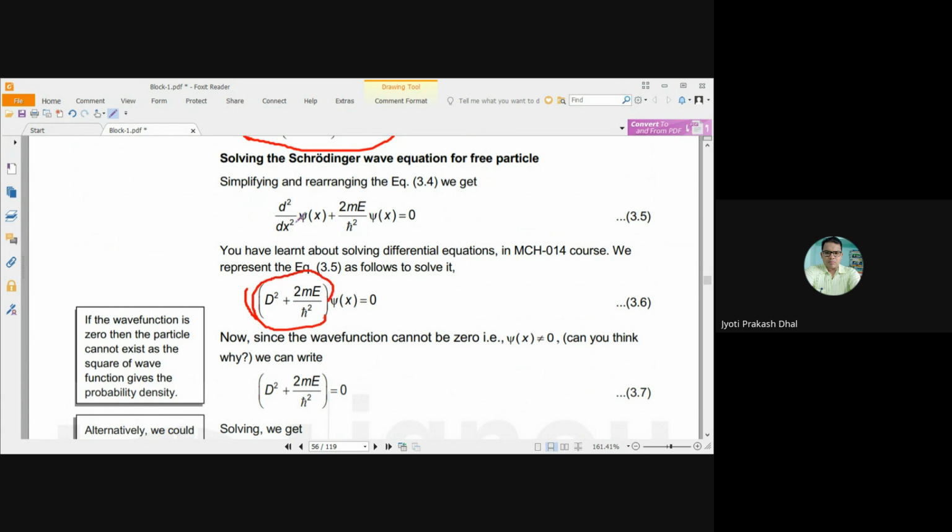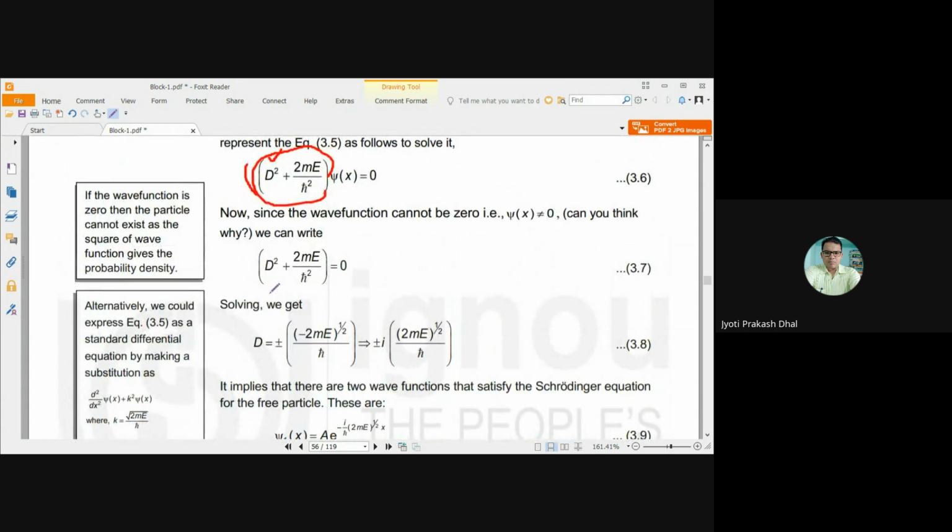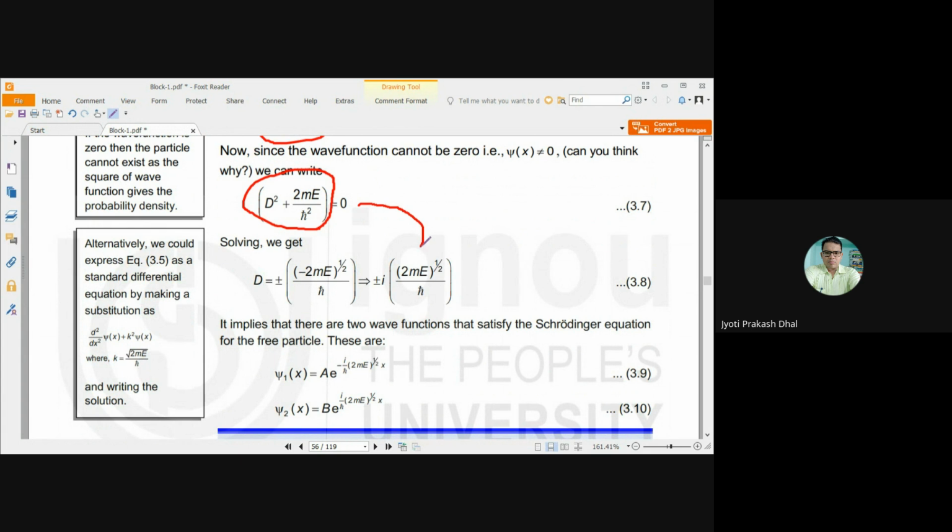Here, in place of d square by dx square, we are just putting capital D square. Now the operator will become D square plus 2mE by h cross square. Solving this, we can write D square equals minus 2mE divided by h cross square, from equation 3.7.